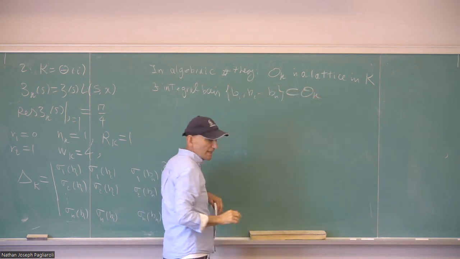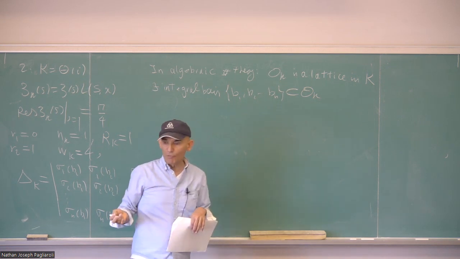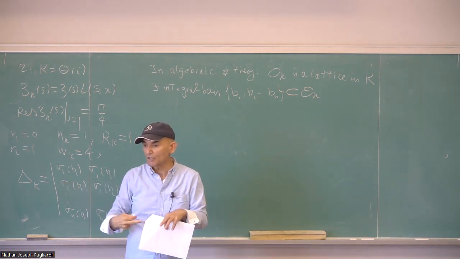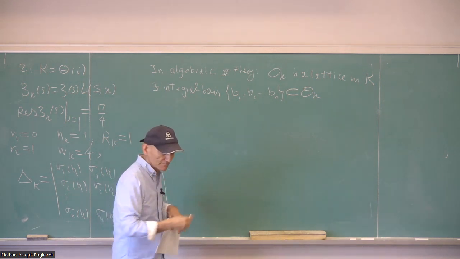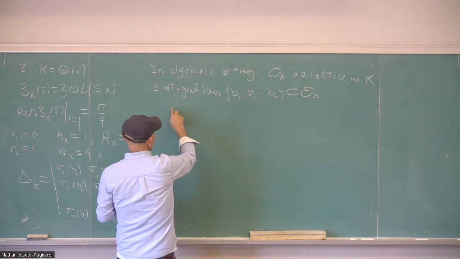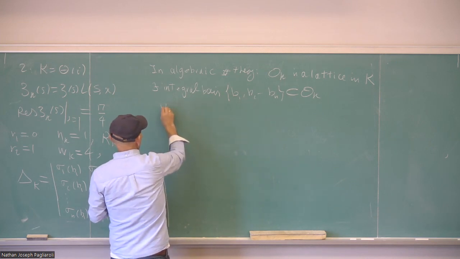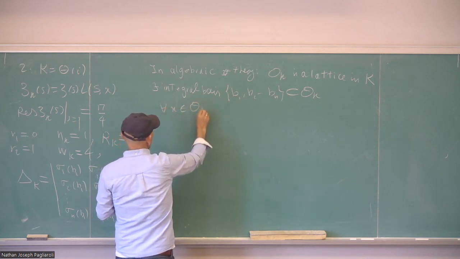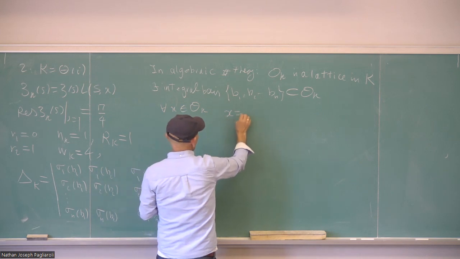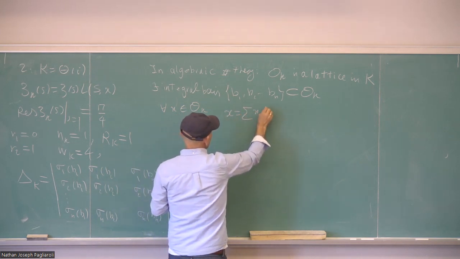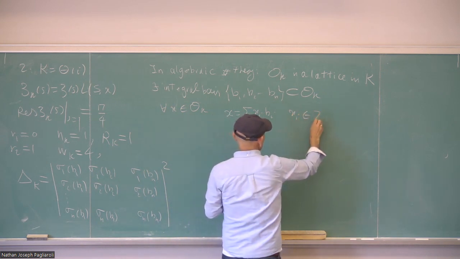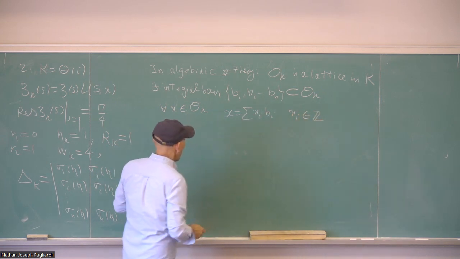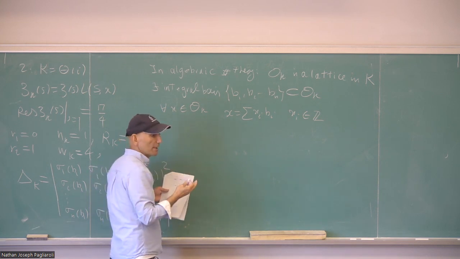In what sense is it a basis? Every element of O_K you can write as an integer linear combination of these. For any x belonging to O_K, you can write x as the sum of xi bi, with xi integers. And actually it's even better than that.